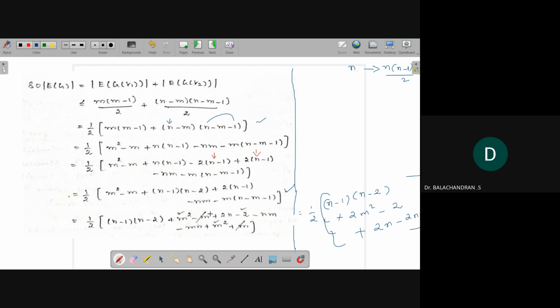Here minus m plus m gets cancelled. Remaining is 1 by 2 into n minus 1 into n minus 2. And next, m square plus m square is 2m square, minus 2 plus 2n. Here minus mn, here minus mn. Actually, here mn is not visible, maybe I will write it here.